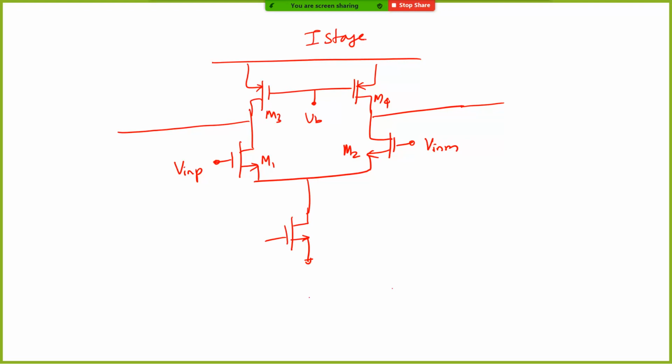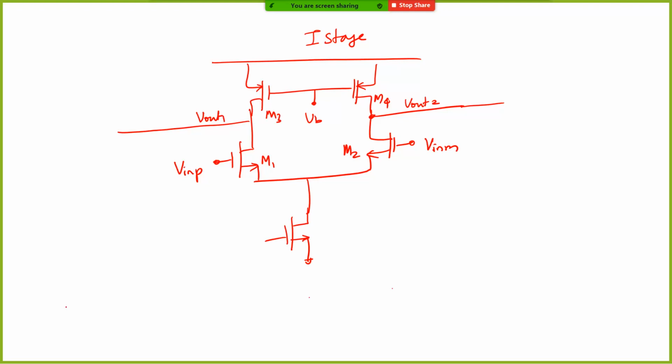Now for the second stage, what you do, so this is given to another common source amplifier. Now if you look at the typical voltage at this particular node, this output common mode DC point, let me just call it Vout1 and Vout2.